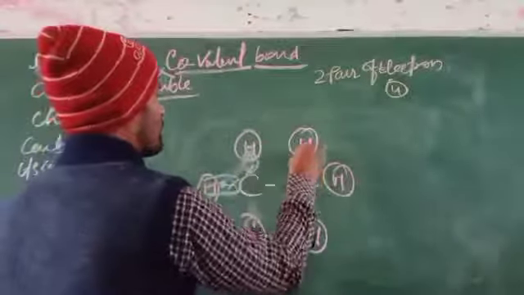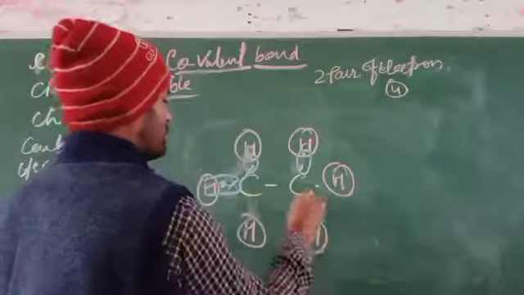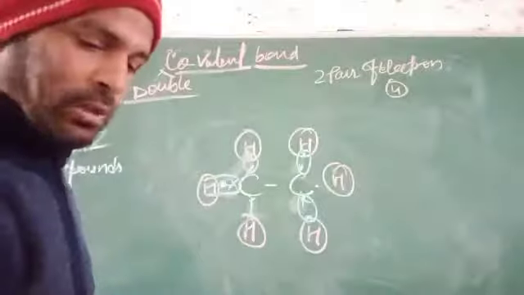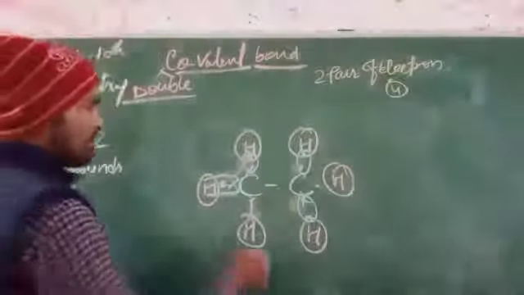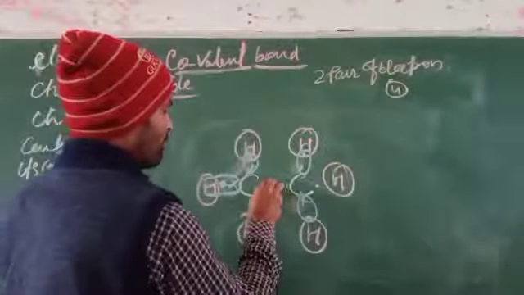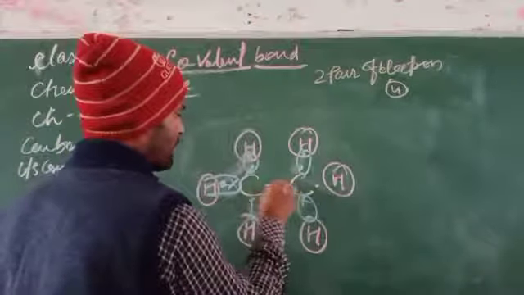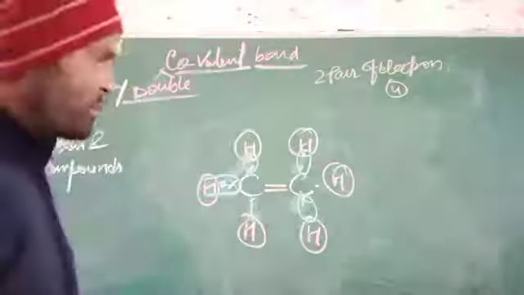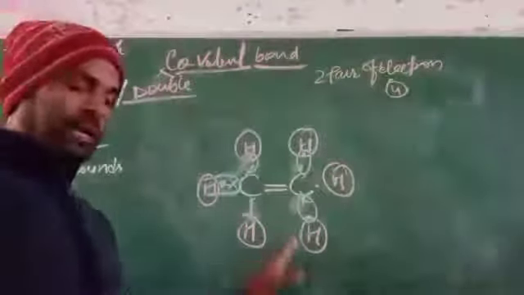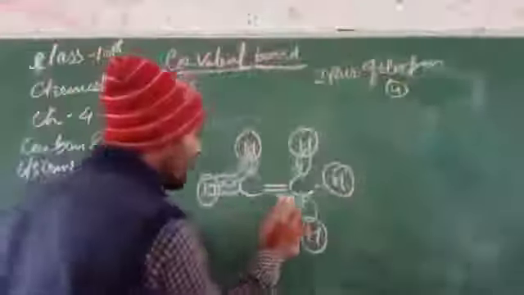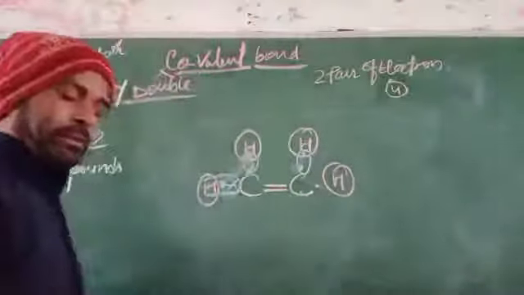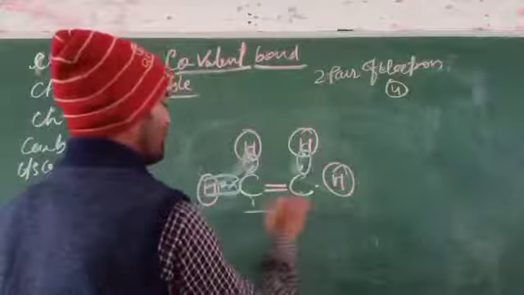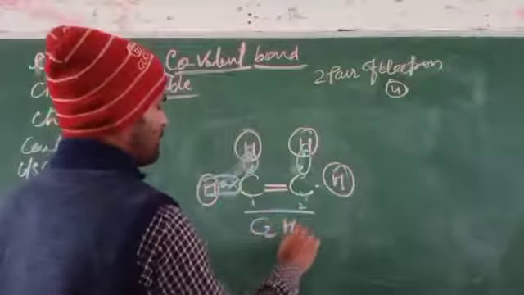No doubt they can share the electrons. But even after sharing of one electron, there is no double bond formation, but here double bond formation takes place. So in that case, here are only the 4 hydrogens. So that one is called C2H4.